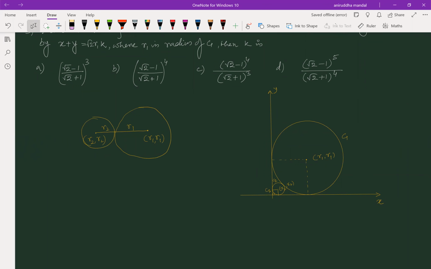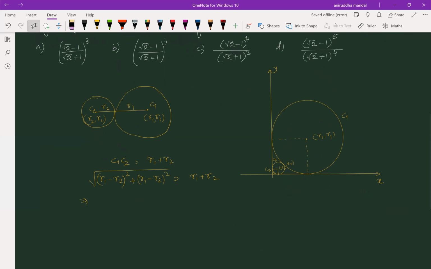Now, this is C2 and this is C1. The distance between the centers equals the sum of their radii. So what we can write is, under root, (R1 minus R2) square plus (R1 minus R2) square equal to R1 plus R2.